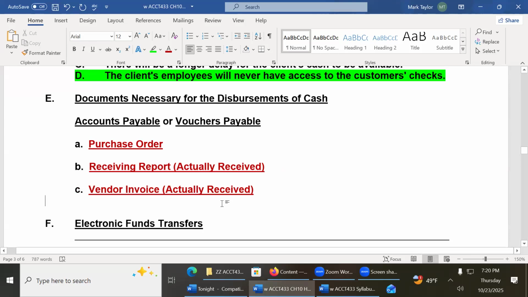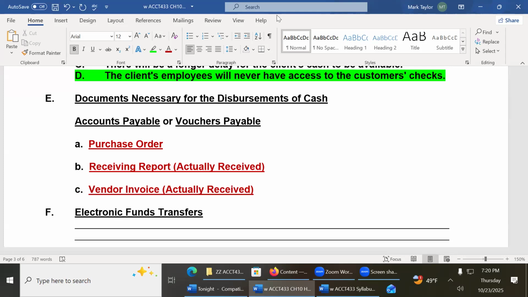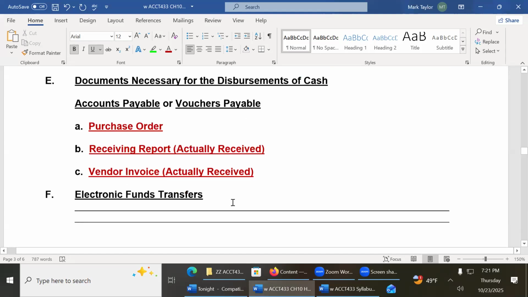The people that write this textbook are the same ones that do the Wiley CPA review, and everything in there is basically similar to the CPA exam, which is why we use it. Okay. So the receiving report and the vendor invoice should match up. If we ordered 10, they sent over 8, we should get an invoice for 8 of them.